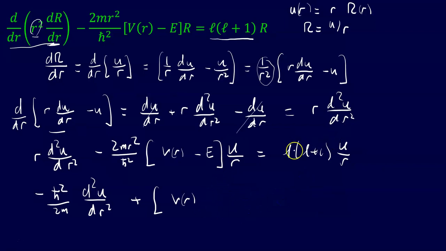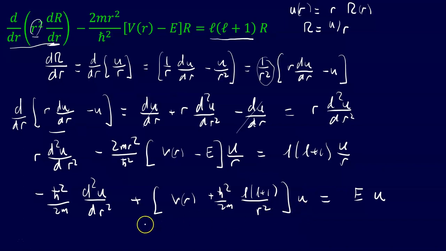And so what I'm going to do is bring this piece over here. Okay, so make sure you go through this algebra and see where we're getting this from. When we write it this way, this looks very similar to our one-dimensional time-independent Schrodinger equation we were using previously.